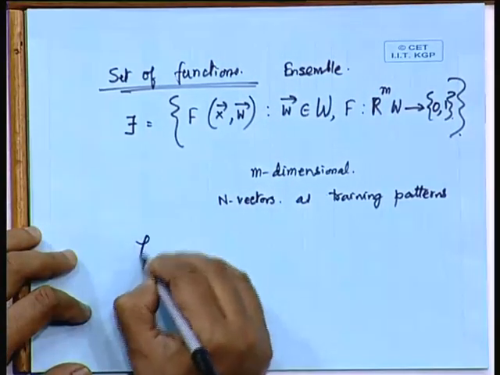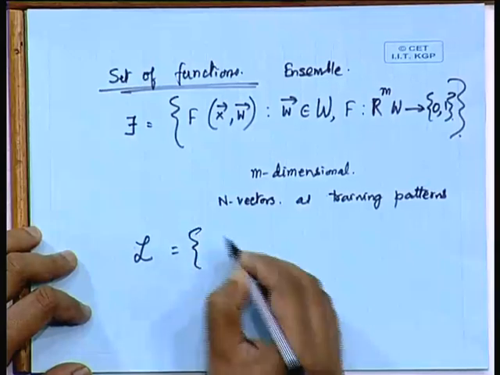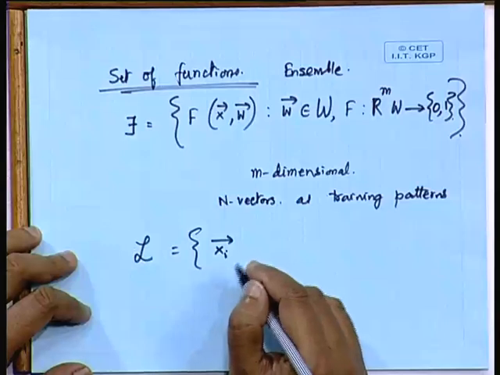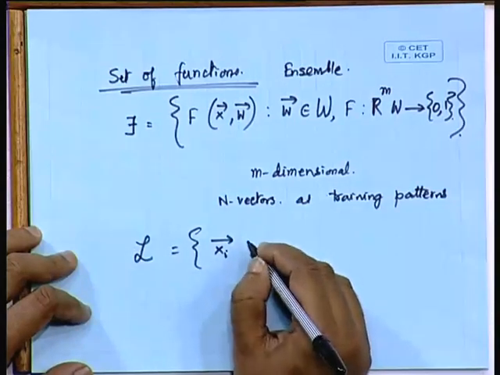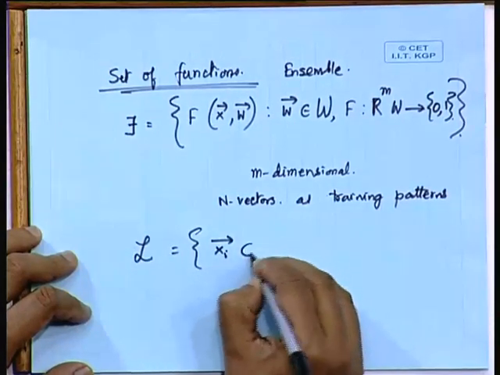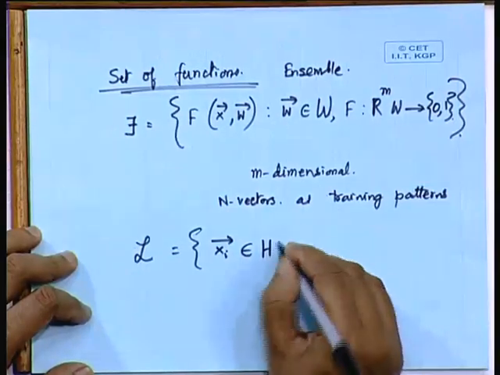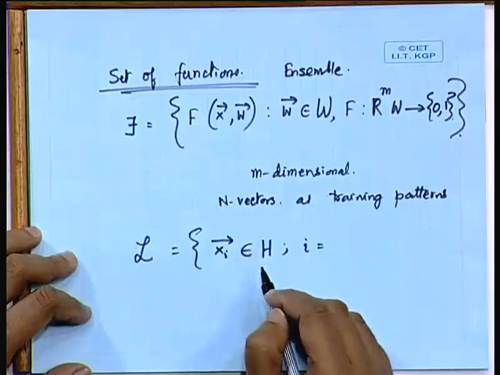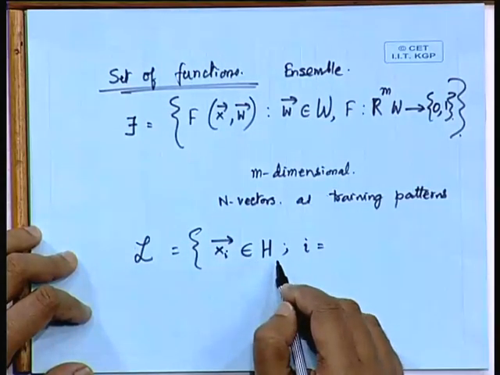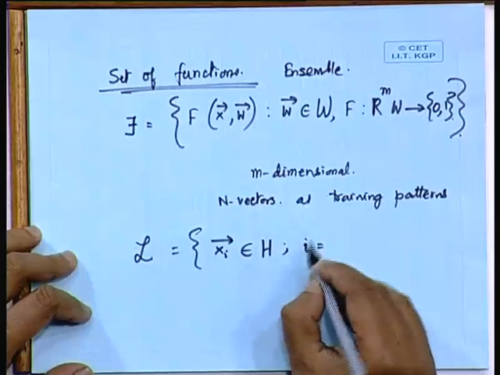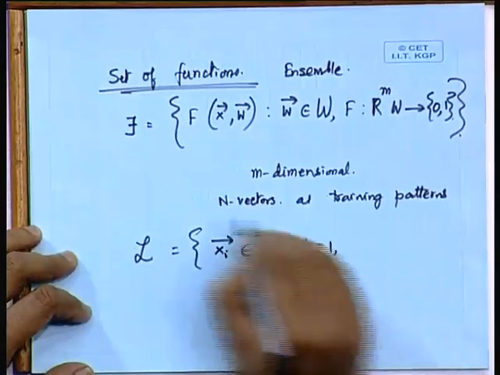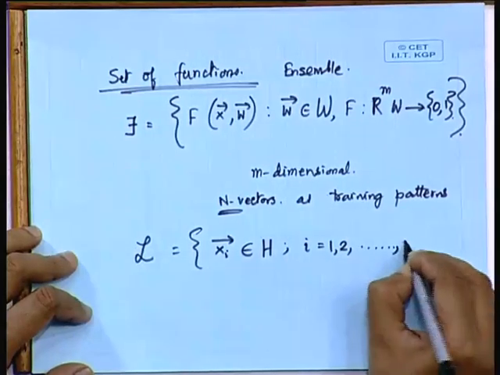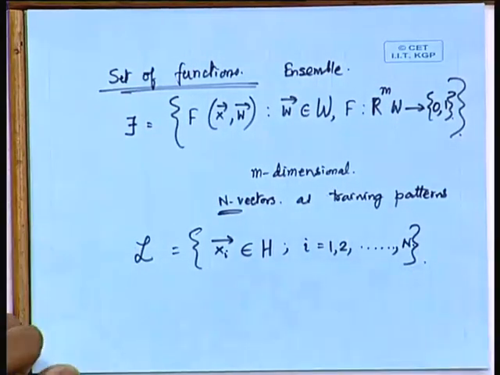So, we take a set L, which is defined as the set of all the vectors x_i, and these x_i belong to a space H, which is nothing but an m dimensional space. Since we are taking n training patterns, i is equal to 1, 2, etc., up to n.